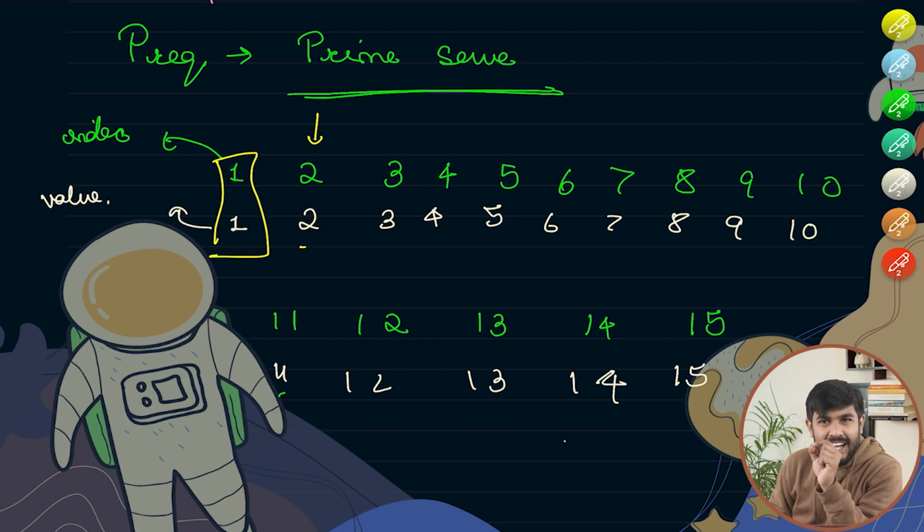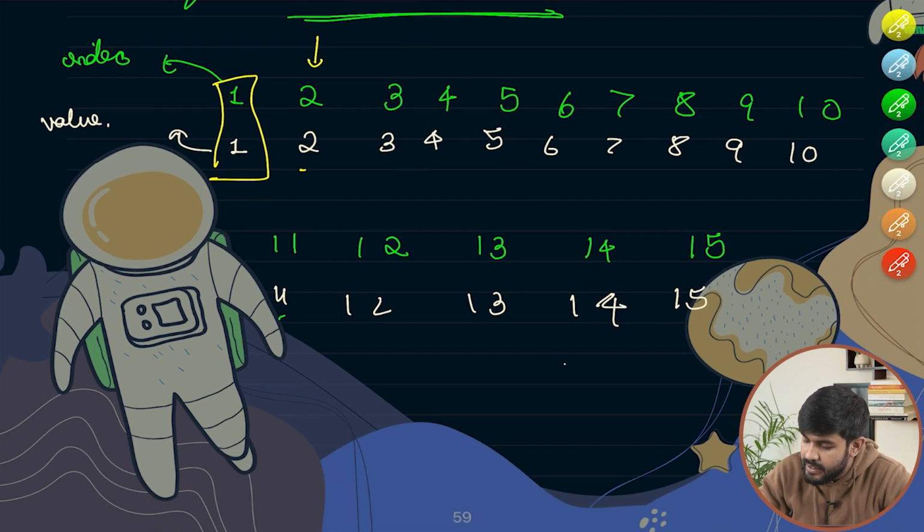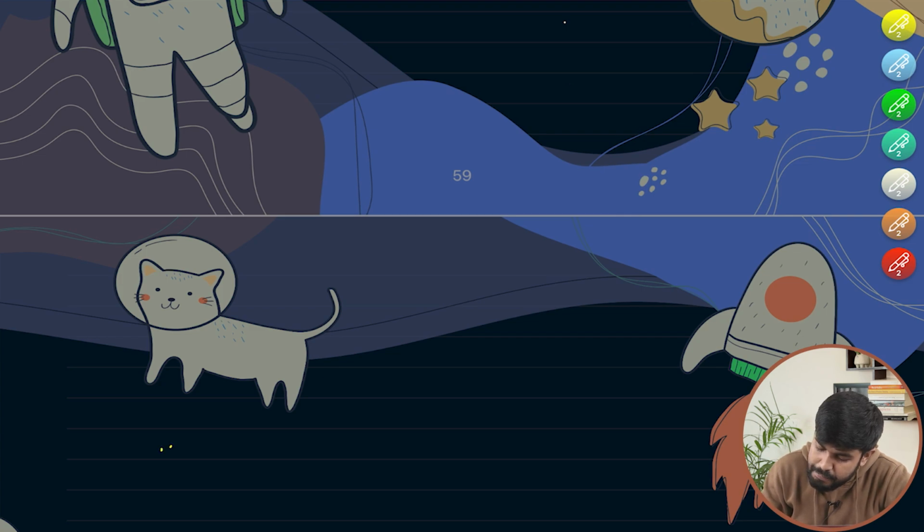But you might say, you told us that prime sieve is a prerequisite. No, this is an observation in prime sieve. What is that observation? The value at the index is equal to the index. What does this indicate? If the prime sieve P of I is equal to I, this means that this is a prime number.